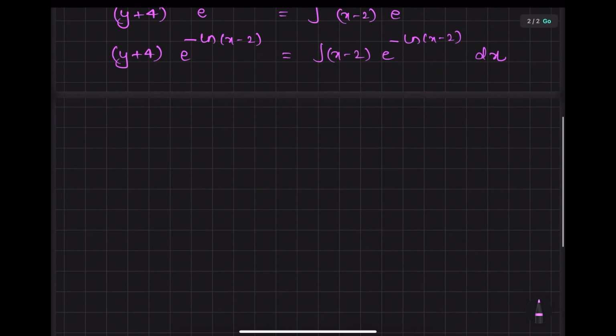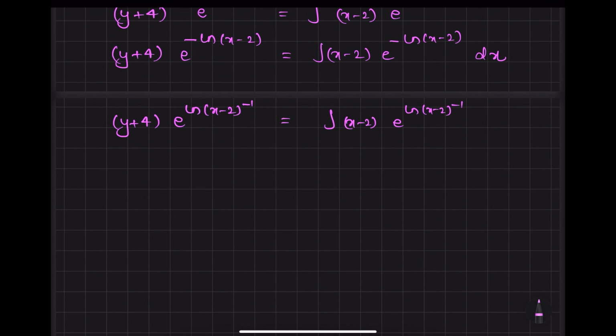Let's do a little bit more simplification. So y plus 4 times e power ln x minus 2 to the power minus 1 is equal to the integration of x minus 2 times e power ln x minus 2 to the power minus 1 dx over here. So we will have y plus 4 times, you know that we will use the a power log b base a, which results in b.